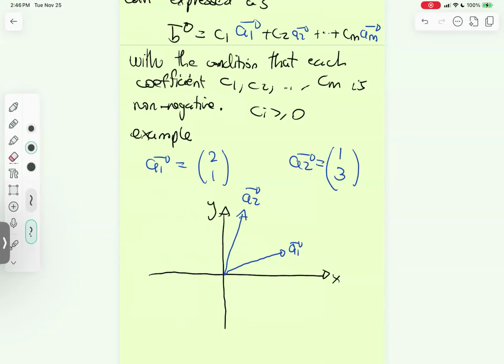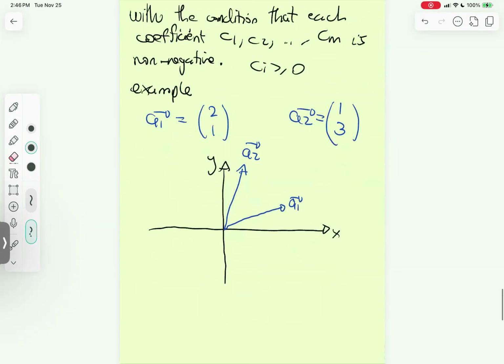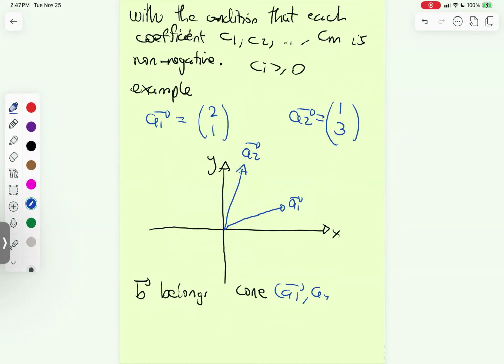If the vector b is in the cone of these two vectors, let's call it the cone of A1 and A2, that means you can express b as a linear combination of A1 and A2, with the extra condition that the coefficients are not negative.